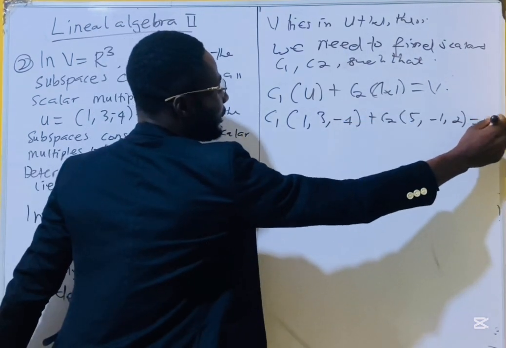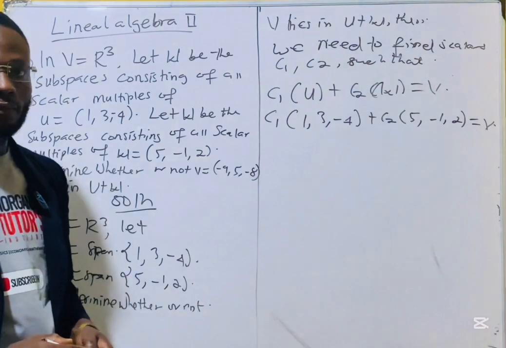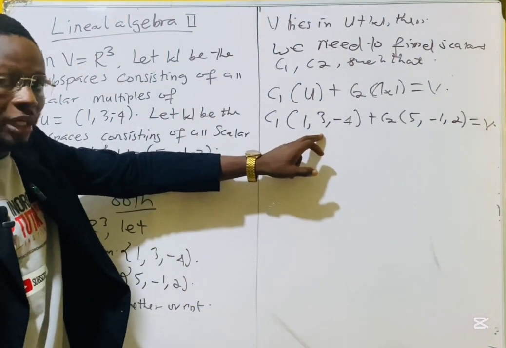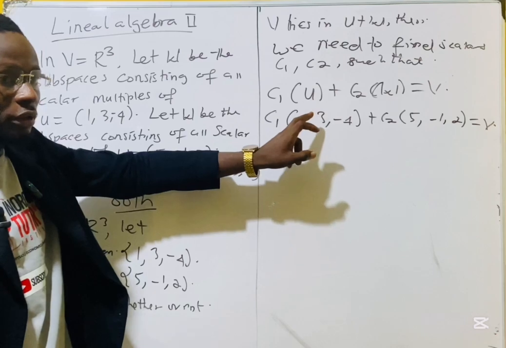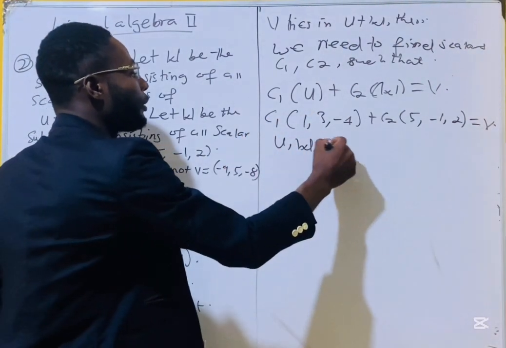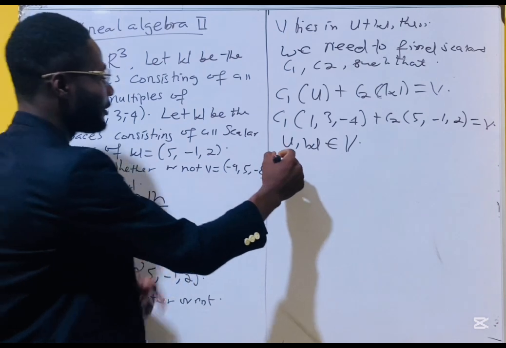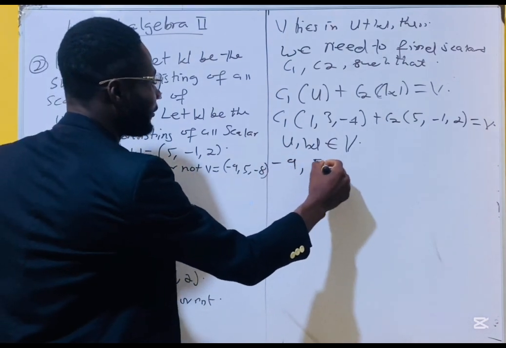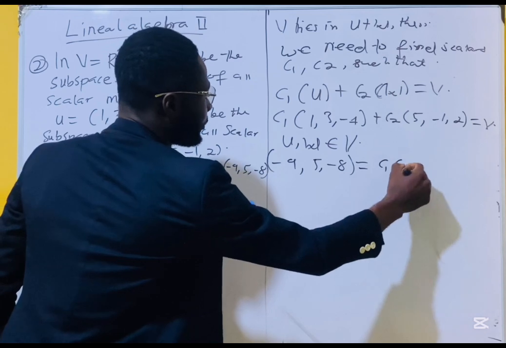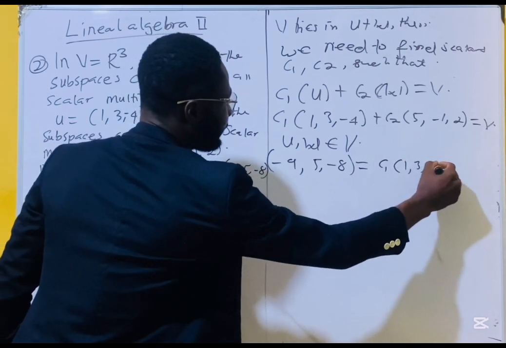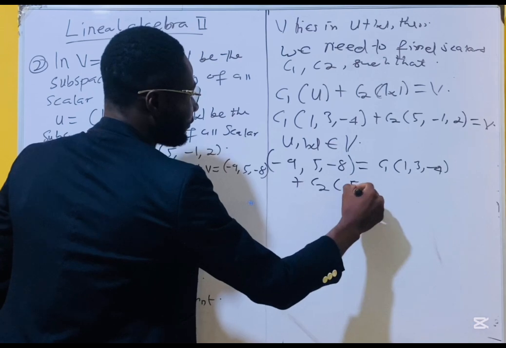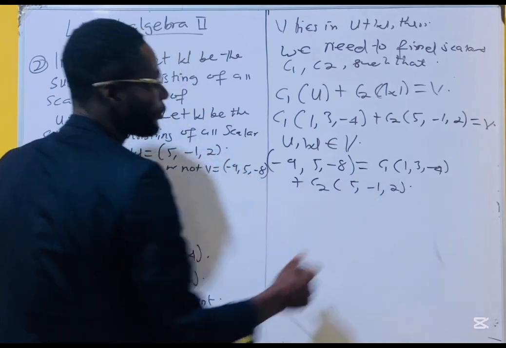This result should be V. Don't forget that u and w belong to V. So (-9, 5, -8) should be equal to C1 times (1, 3, -4) plus C2 times (5, -1, 2).